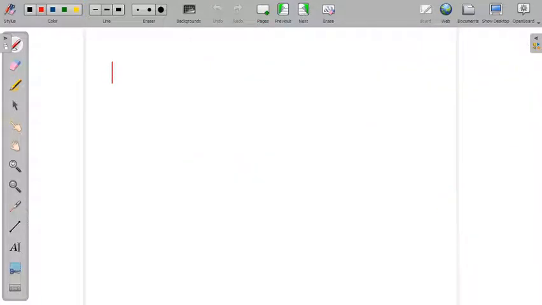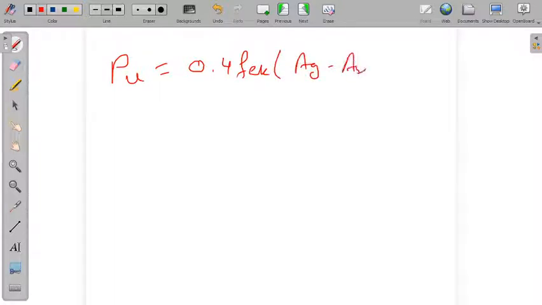So we can write PU is equal to 0.4 FCK AC, and AC means what? AG minus ASC, plus 0.67 FY ASC. Now take the common term of ASC together.